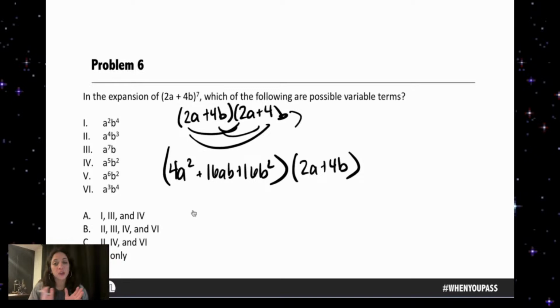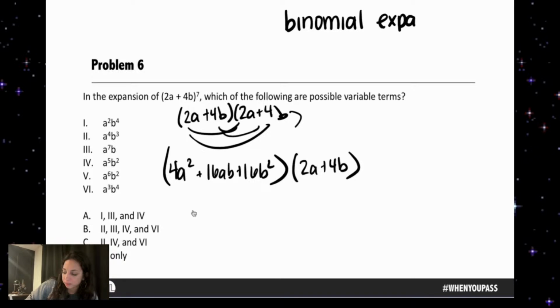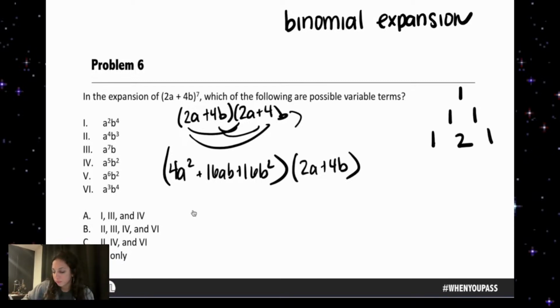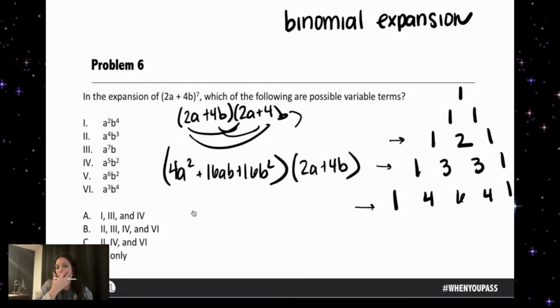In binomial expansion, which is what this is, we can use Pascal's triangle, which tells us the rules of expanding a binomial. So this would be a binomial to the 2nd power, 3rd power, 4th power, and so on.